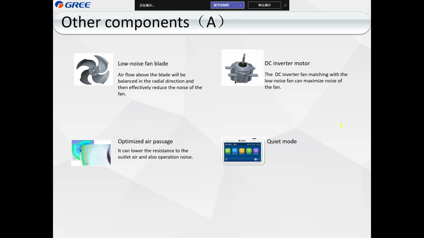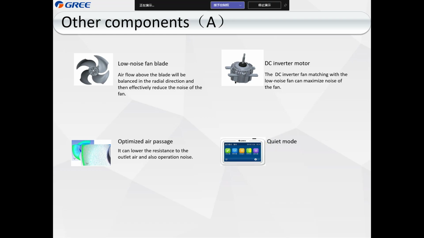And the next is the A series. For the A series we adopt a low noise fan blade. We newly designed the fan blade with a DC inverter motor, and optimized the air passage. And this one is the controller.